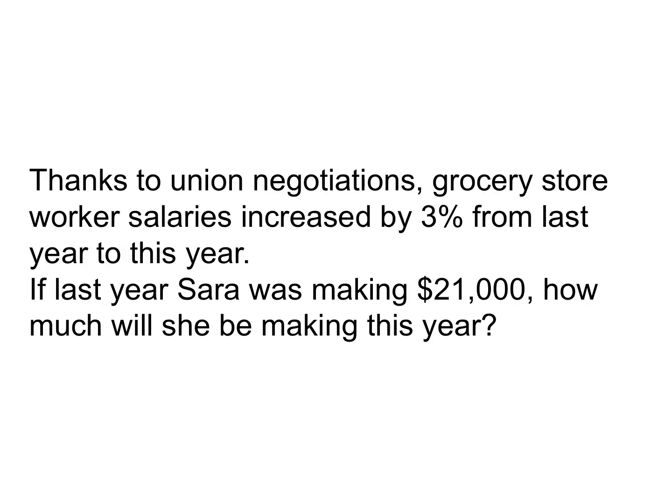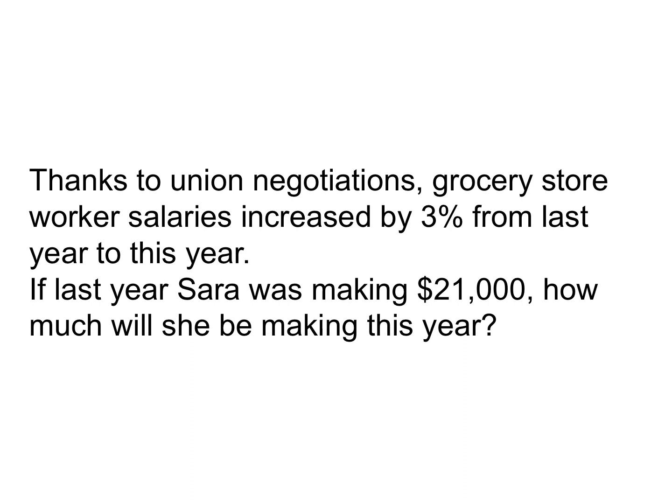Here's another example. Oftentimes with jobs, what people will do is they won't tell you in the money amount how much more you're going to make. They will just say that you are going to get a 3% raise or a 5% raise. So in this example, we say, thanks to union negotiations, grocery store worker salaries increased by 3% from last year to this year.